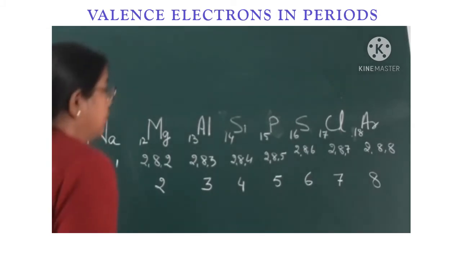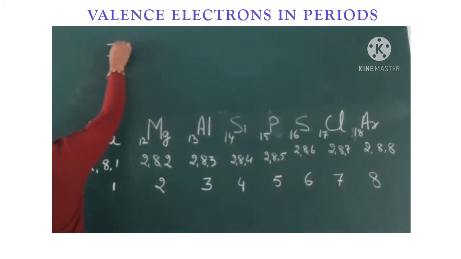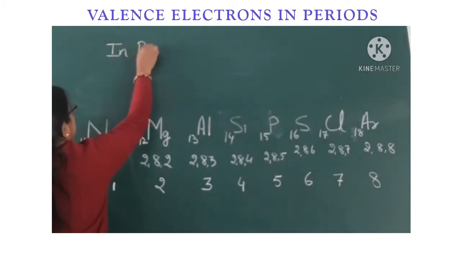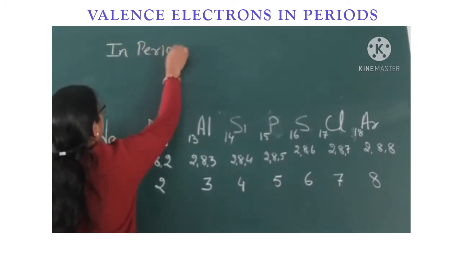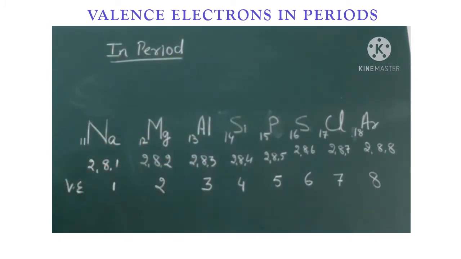The first property is valence electrons across the period, that means on moving from left to right in a period, for which I have taken the third period elements.